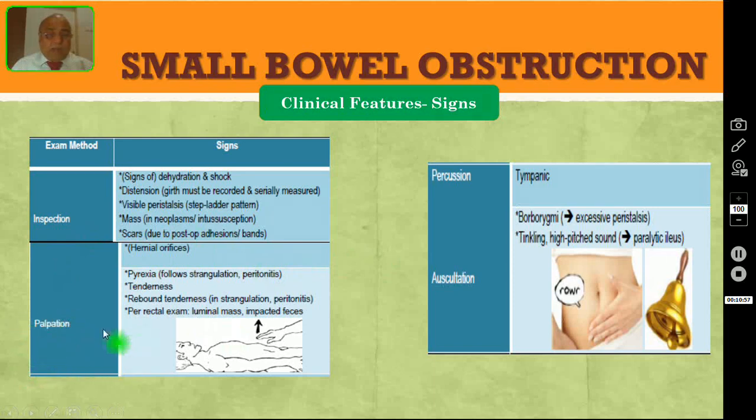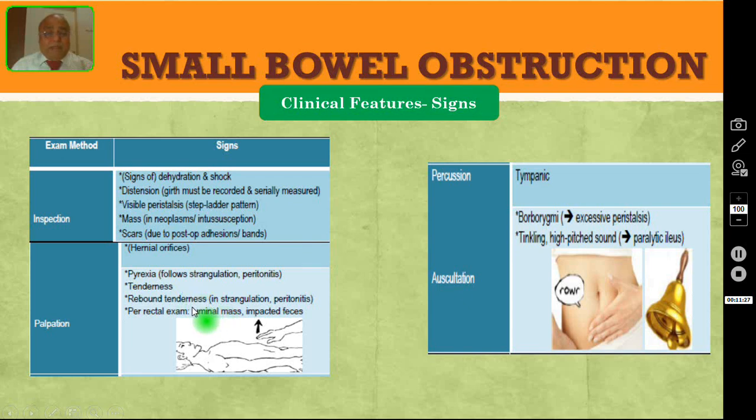So coming to the palpation, you have to look at the hernial orifices, whether they are free or the patient is having an obstructed hernia. Then you have to look for whether the patient is having fever, tenderness, rebound tenderness, and you must also do a complete abdominal examination. You must do the digital examination. In a normal intestinal obstruction, usually the patient won't have even tenderness.